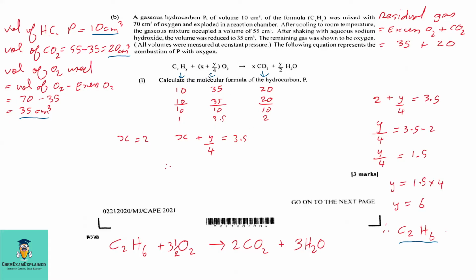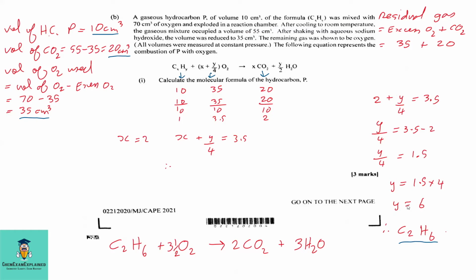From the formula, x plus y over 4 equals this value right here. And we know that x is equal to 2. So we can now solve for y. 2 plus y over 4 equals 3.5. y over 4 equals 3.5 minus 2. y over 4 equals 1.5. y is equal to 1.5 times 4.